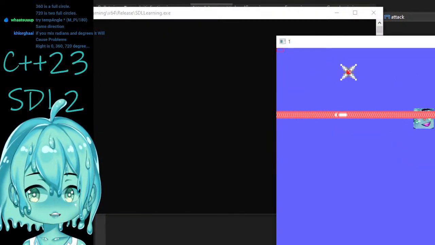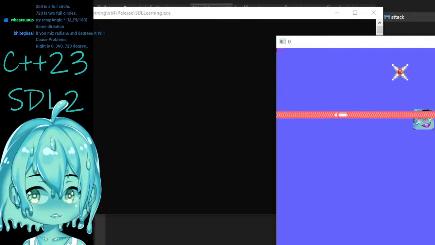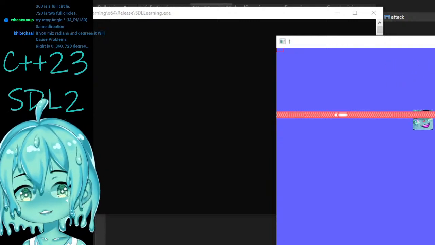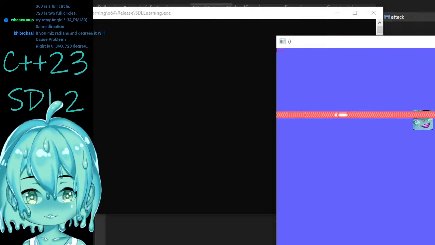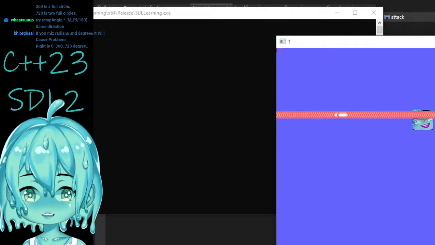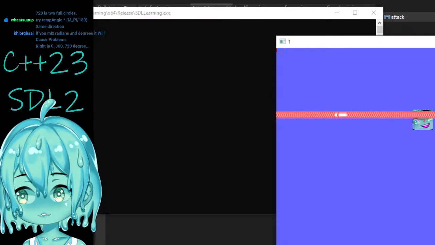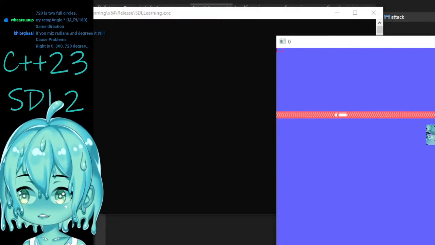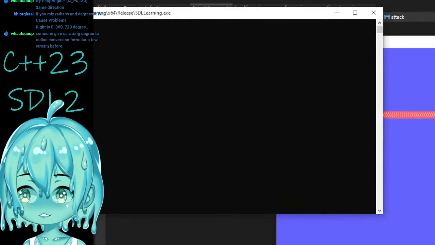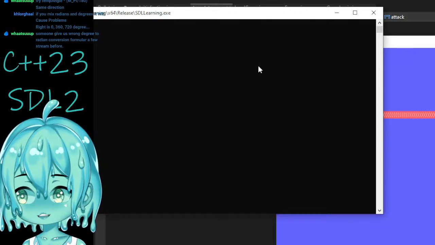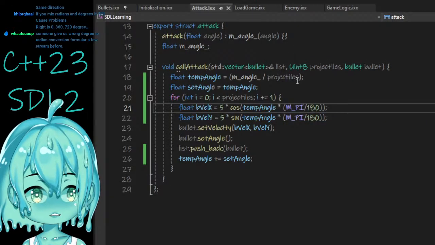Oh, there we go. Oh, because I was multiplying by 2. Was that the issue? Okay. Holy cow. All right. Temp angle times pi divided by 180. No, we need 180 divided by pi, right? We solved for that earlier. If you mix radians and degrees, someone gave us the wrong degree to radian conversion earlier, a few streams before.